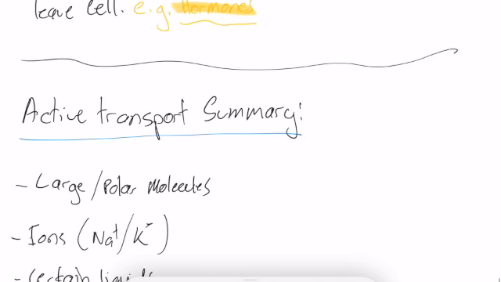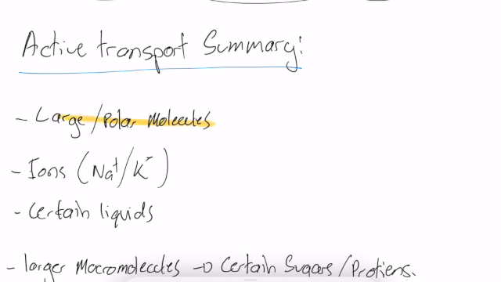So, as a summary for active transport, we know it's seen in a few different ways, such as your endo and exocytosis. We know it's for your large and polar molecules. So unlike your passive transport, active transport is specifically focused on this type. We also know for things like ions, we talked about the sodium potassium pump.